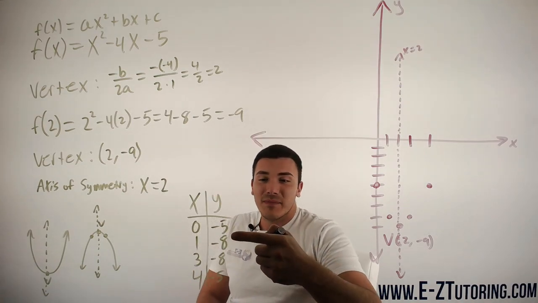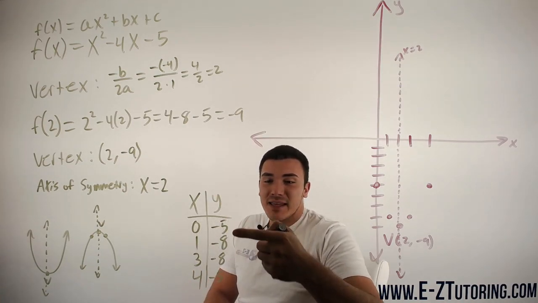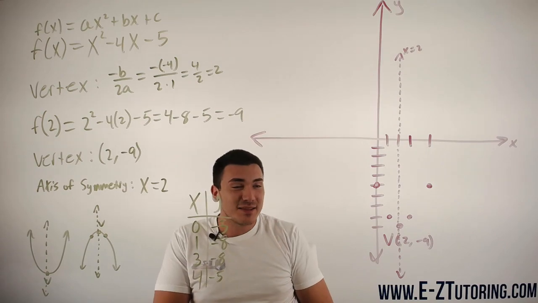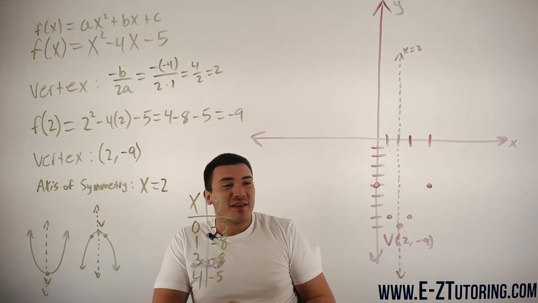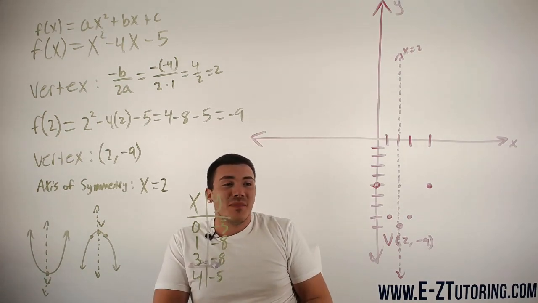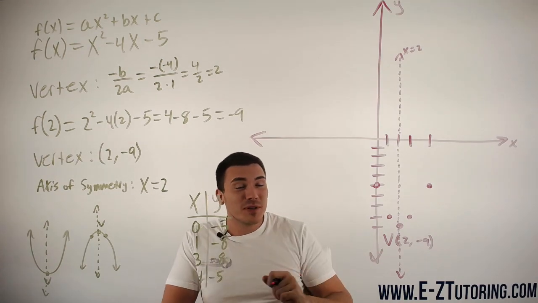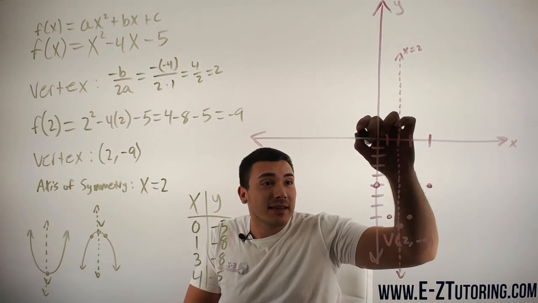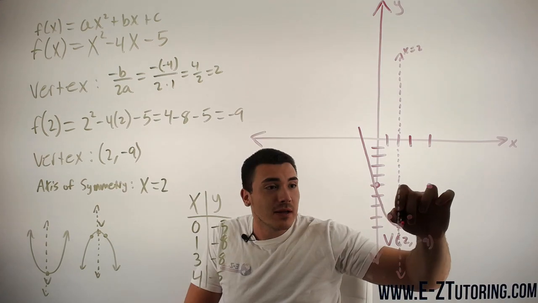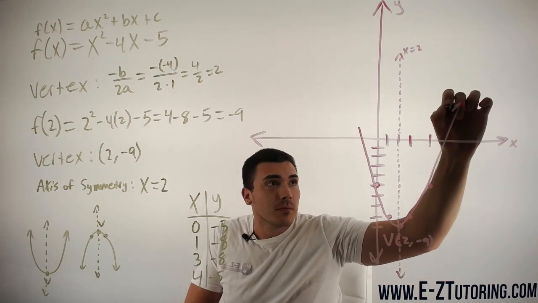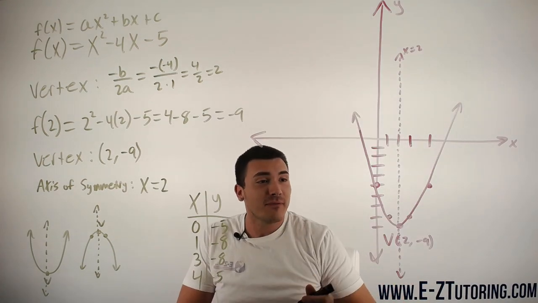That is why these values are the same, and these values are the same. That's how the axis of symmetry works. Anyways, we have a total of 5 points here. We don't even need that many, but it is more than enough to connect the dots and say that this right here is our parabola, and this is what our graph looks like.